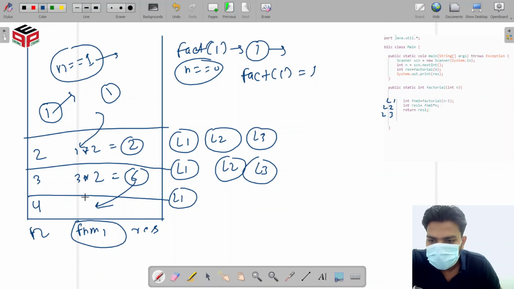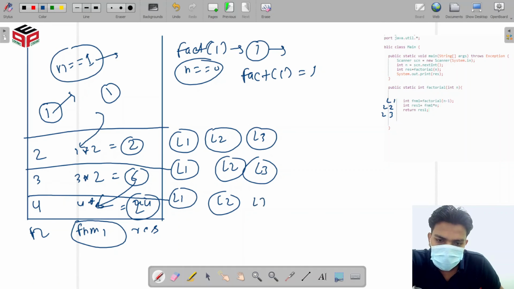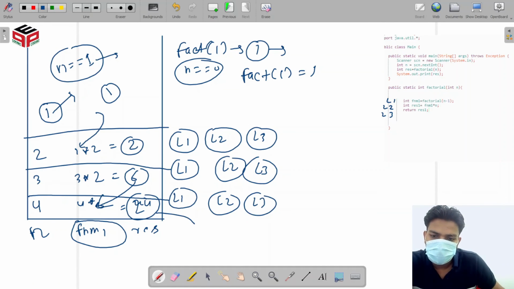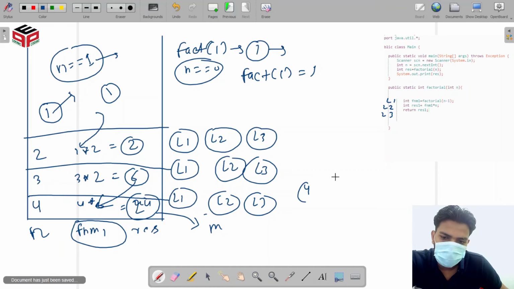So 6 comes here, and 4 multiplied with 6, and we get 24. When line number 2 runs, then 6 is multiplied with 4, and when line number 3 runs, this 24 will return, and our main stack will also return, because the last value 4 is returned, and we get factorial 4 equal to 24.